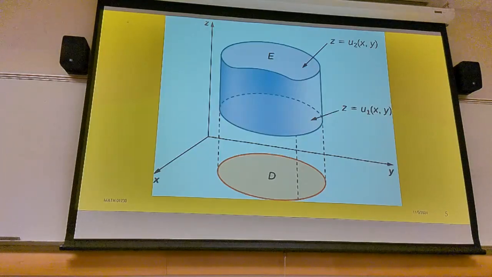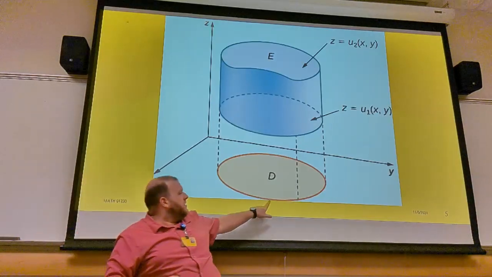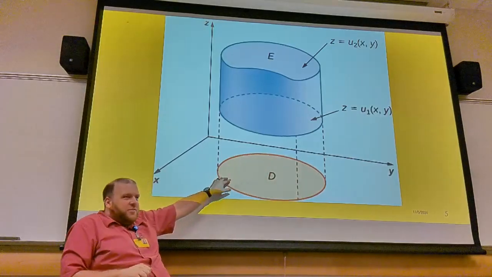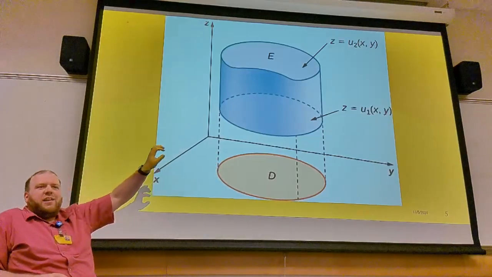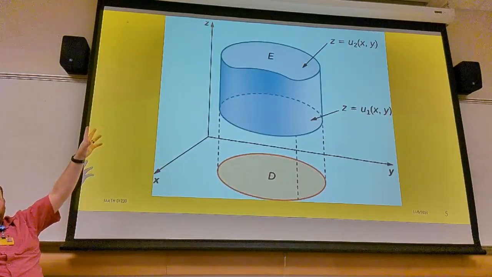So keep in mind we're now evaluating integrals over solids. It's now a three-dimensional domain. So a double integral is over an entire two-dimensional region, essentially an area. A triple integral is over a solid, so again, essentially a volume.